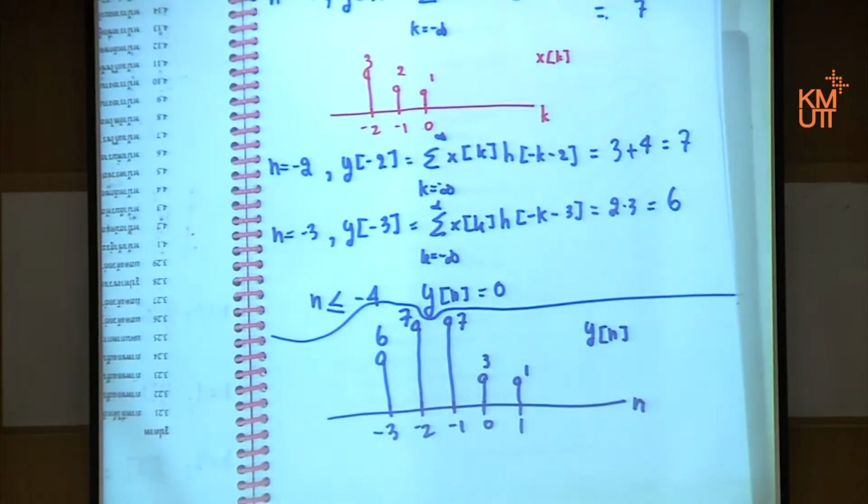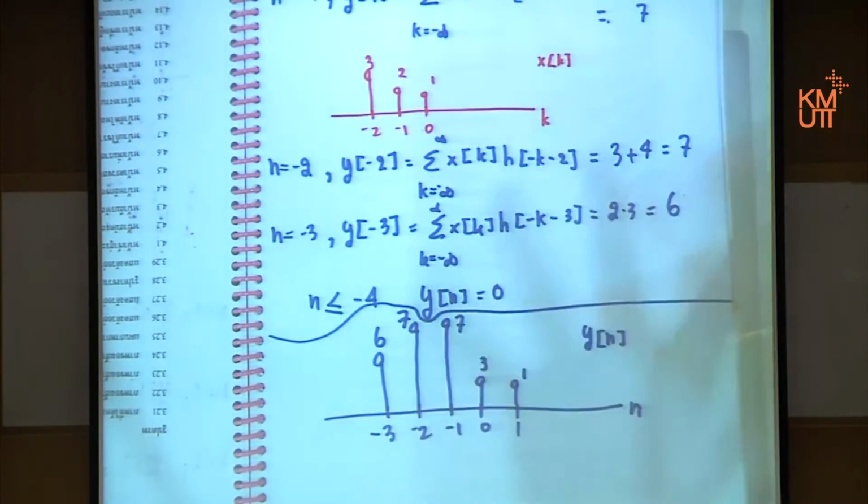You may still have some problem about convolution, but the main idea is there are two signals, right?